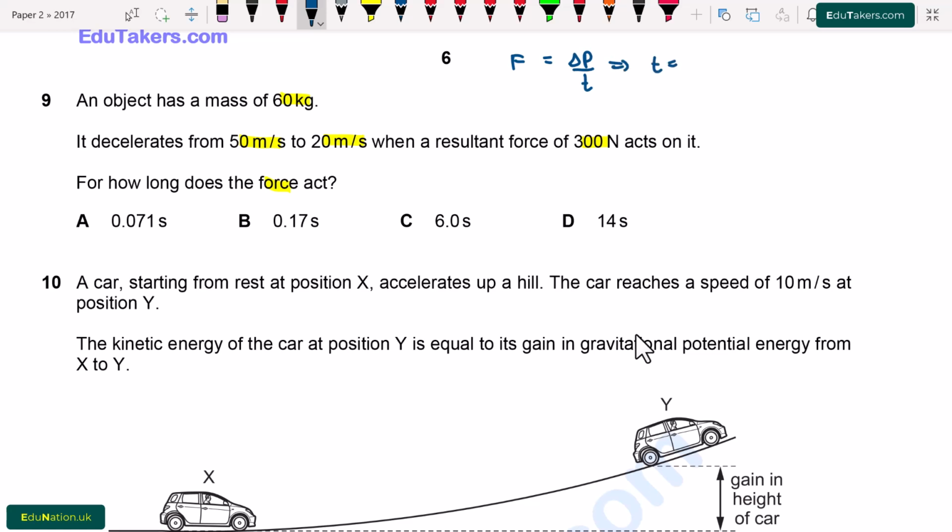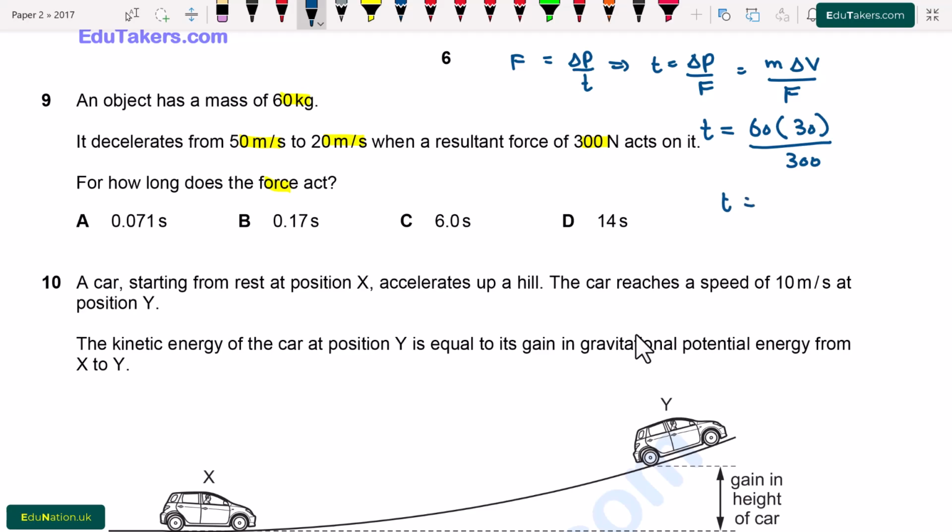From here we have to find out the value of time. So T will be equal to delta P over F. Delta P is the change in momentum. So change in momentum will be mass multiplied by delta V over F. Now I am going to put values here. Time will be equal to mass is 60 kg multiplied by change in velocity, which is 50 minus 20, which is equal to 30 meter per second, divided by force 300 Newton.